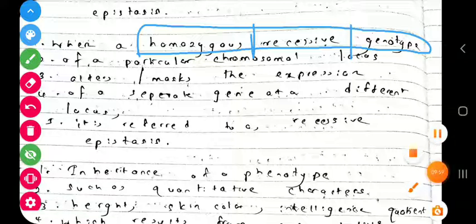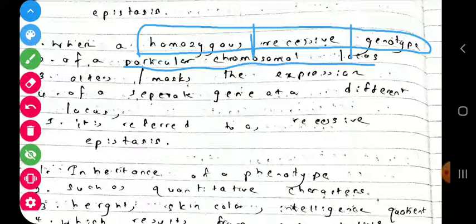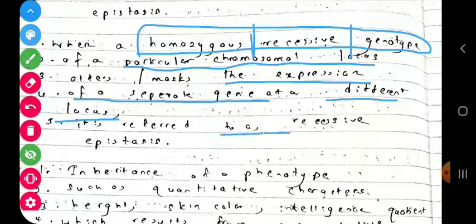When you're considering a particular chromosomal locus, slow down, a particular chromosomal locus, when a homozygous recessive genotype of a particular chromosomal locus alters or masks the expression, it inhibits or alters the expression of a separate gene. How interesting this is! Of a separate gene at a different locus. It is referred to as recessive epistasis.